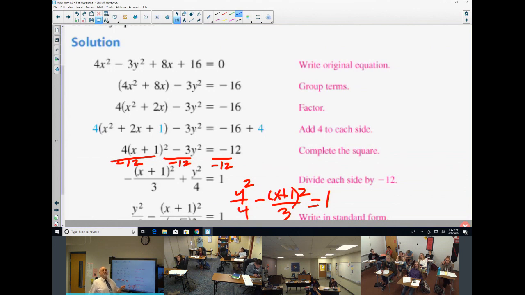Some students will be lazy and not put it in standard form, and they'll just say, oh, it's x squared minus y squared, so it's got to open left and right. Wrong. Because once we put it into standard form, it's the y squared minus the x squared. So this hyperbola is going to open up and down. So that's an easy miss there.